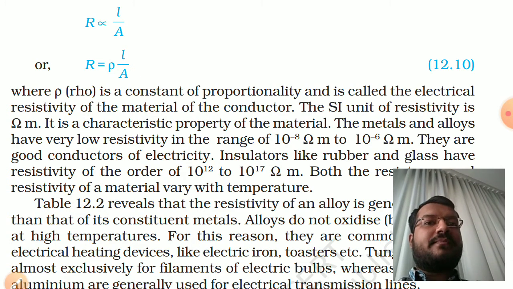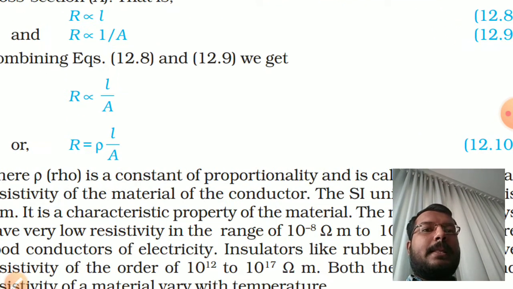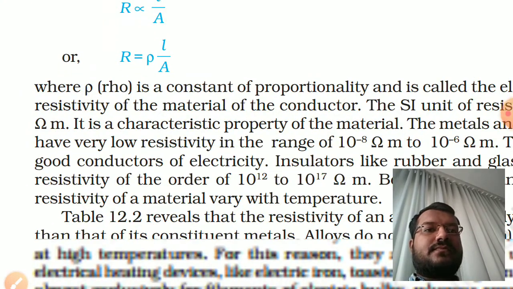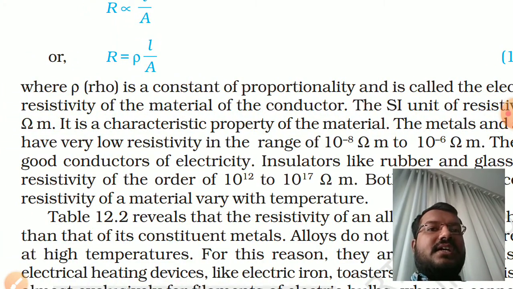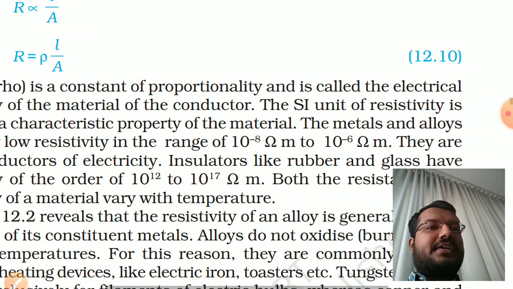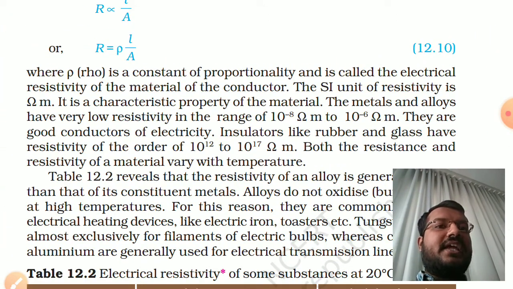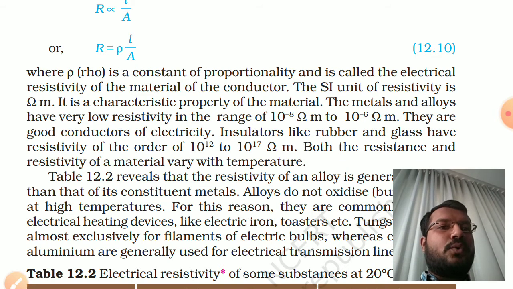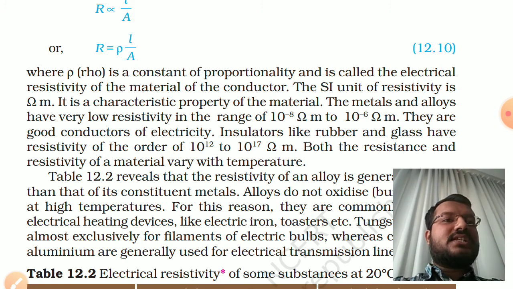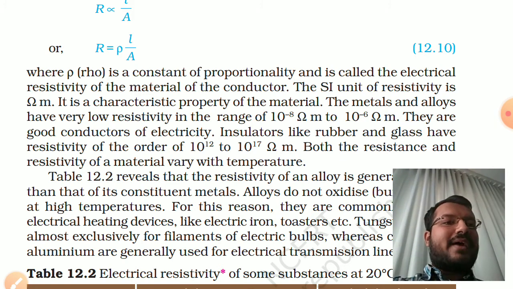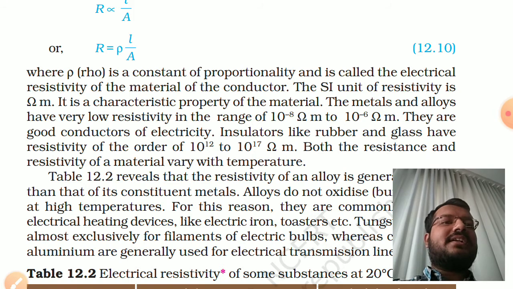How ohm meter? Because it is a characteristic property of a material. The metals and alloys have very low resistivity in the range of 10 raised to minus 8 ohm meter to 10 raised to minus 6 ohm meter. Okay, 10 raised to minus 8 means 1 upon 10 raised to 8, so it is very small, nearby 0.000 like that.